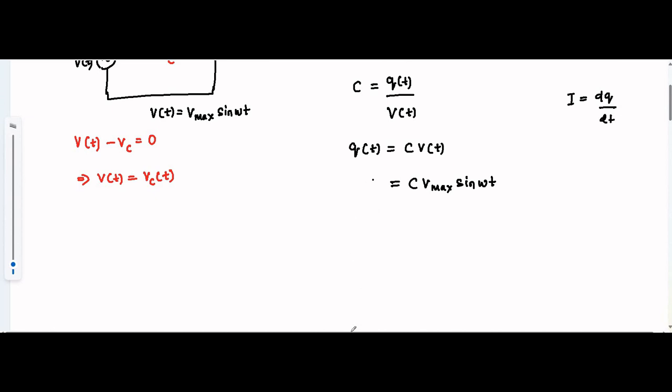So here this is the time varying charge, so that implies current i(t) is equal to dQ(t) by dt, which is equal to d by dt of C Vmax sine omega t.